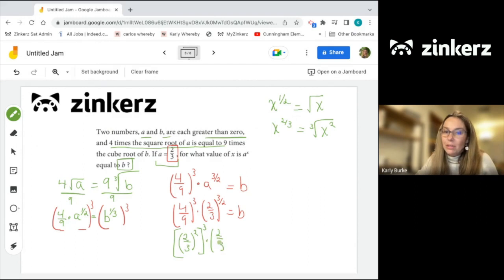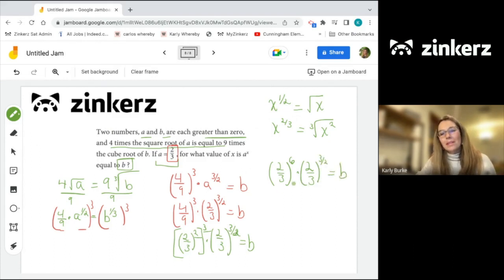I'm getting close, because now I have 2/3 as my base. I'm going to rewrite this again. 2/3. Remember, when I'm raising a power to a power, it becomes to the 6th. And then 2/3 to the 3/2 equals b.